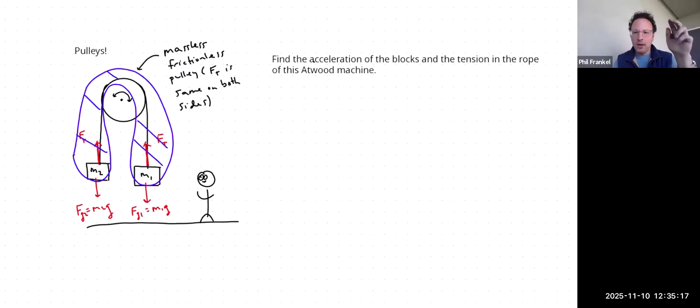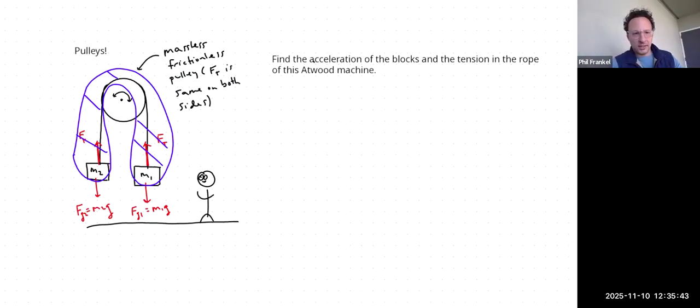Well, for one thing, when I group the two masses together, I'm acknowledging the fact that they will have the same acceleration. The rate at which one mass accelerates must be the same as the rate at which the other mass accelerates, or else the string would break, and we're imagining that doesn't happen. So the blocks have to speed up and slow down around the pulley as a unit together.